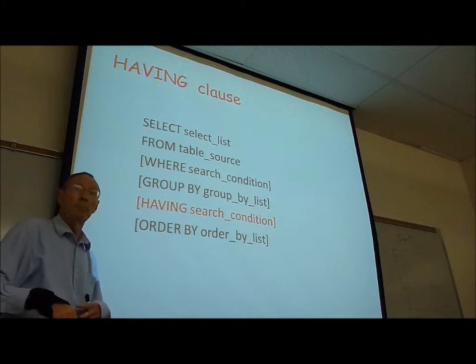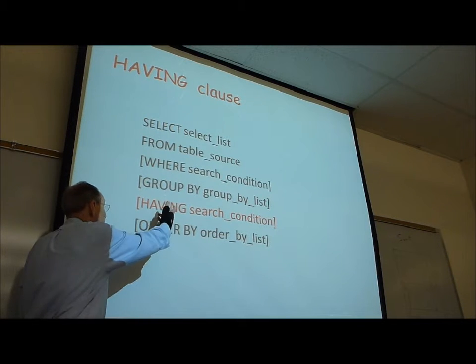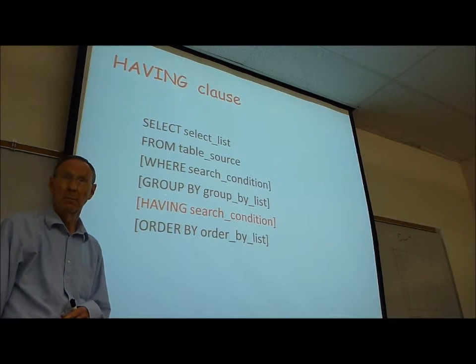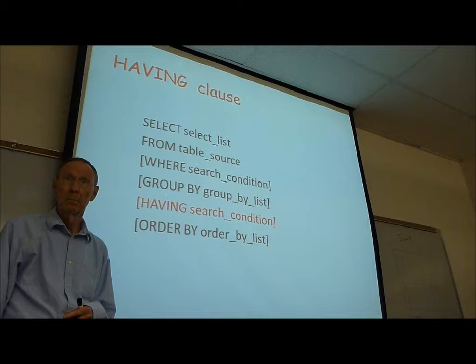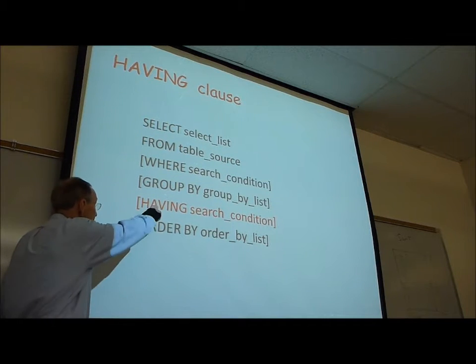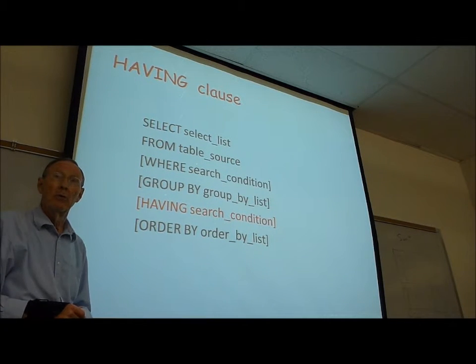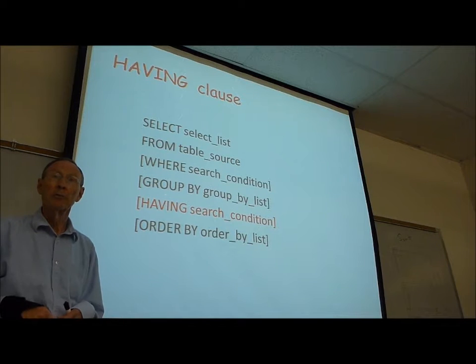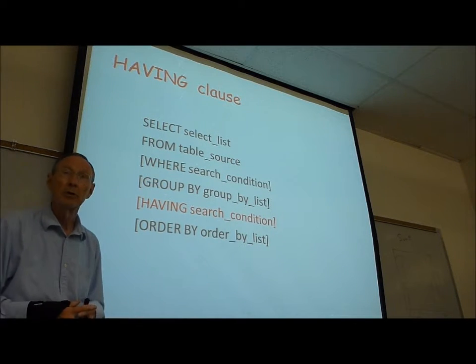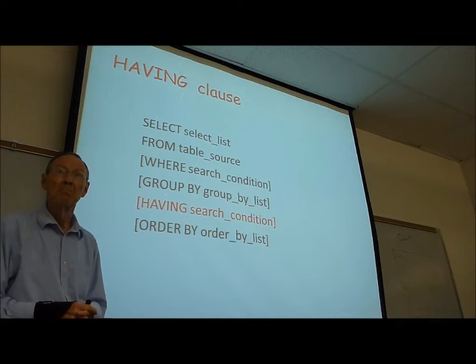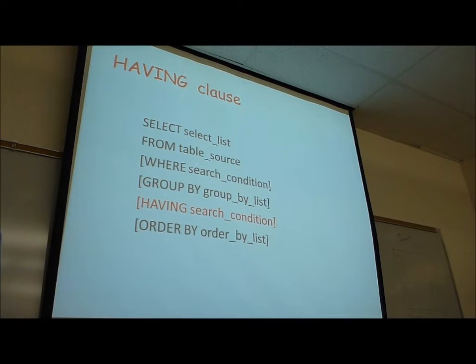After we've grouped, in other words, you can't have a having without a grouping, it wouldn't make any sense. Then you can filter out the groups. So we had 3 groups, and we filtered out the 2 that met the goals.